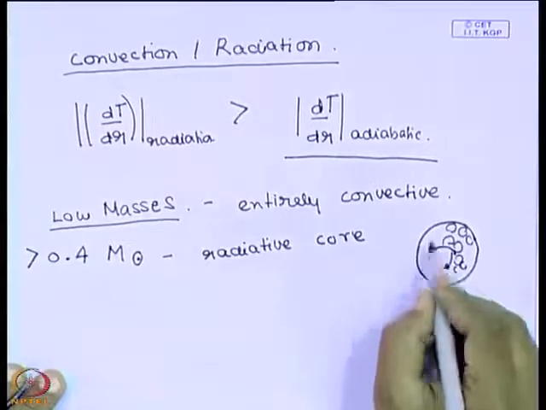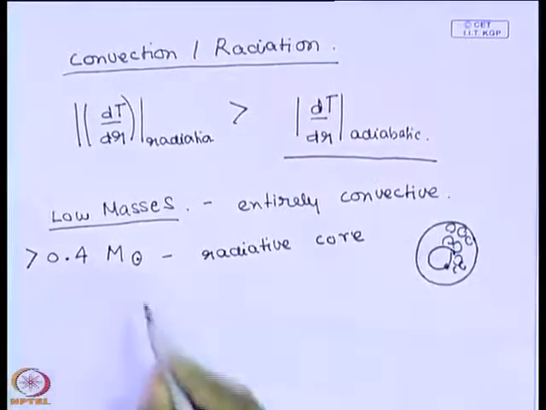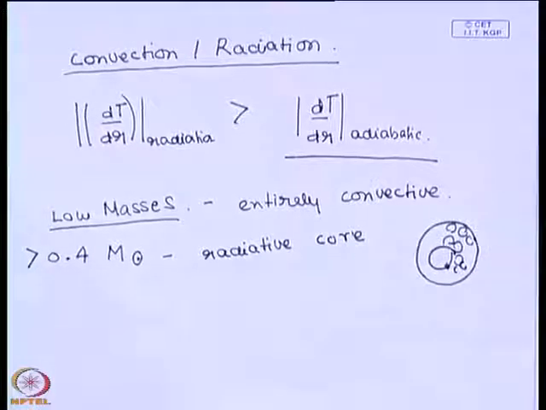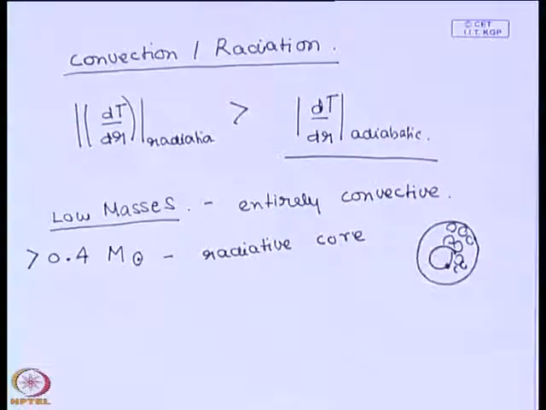I have just drawn a little part of it. Then as you keep on increasing the mass, if you look at stars of more and more mass, the radiative core keeps on increasing. For the sun, we have seen that 70% from the inside the energy is transported radiatively, and in the outer 30%, the energy transport is convective.